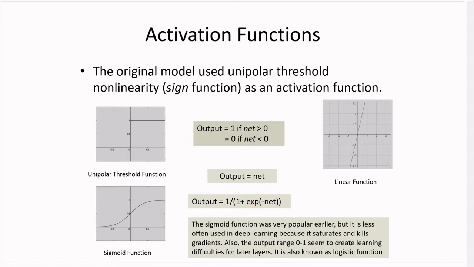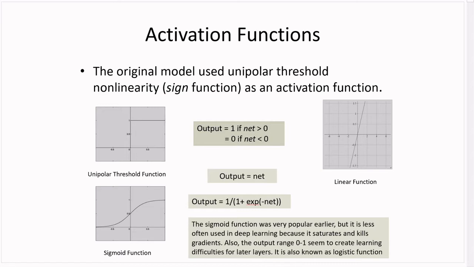Later on, people started using another nonlinearity, which is known as the sigmoidal function or sigmoidal nonlinearity. In this case, the output is expressed through the formula for a sigmoid function, which is 1 divided by 1 plus e to the power minus net.